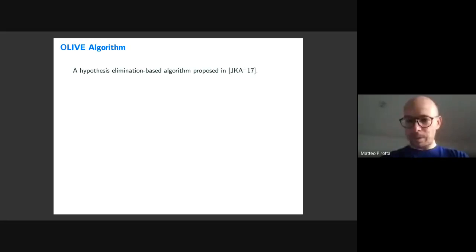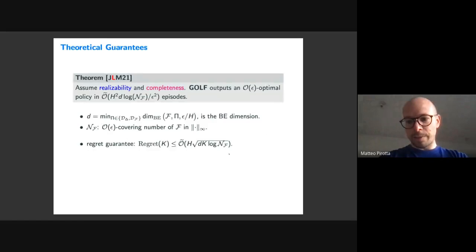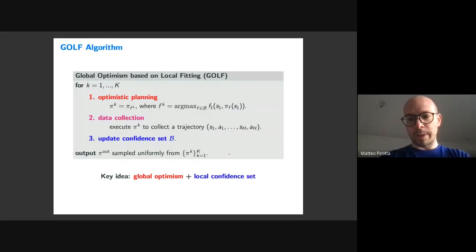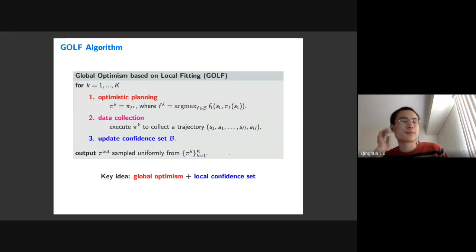Okay, thanks. We have also a question by Greg about the algorithm. So if we consider the case H is equal to 1, so only one stage, is it equivalent to the UCB algorithm of Russo and Van Roy? Are you asking about contextual? In our setting, we assume the initial state is fixed.